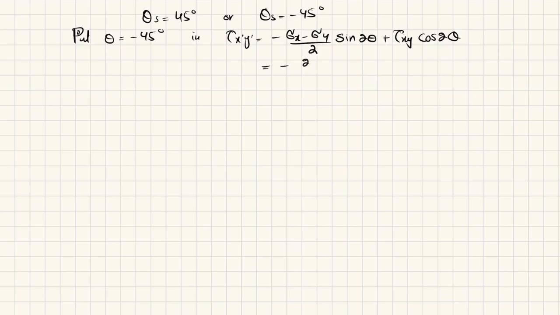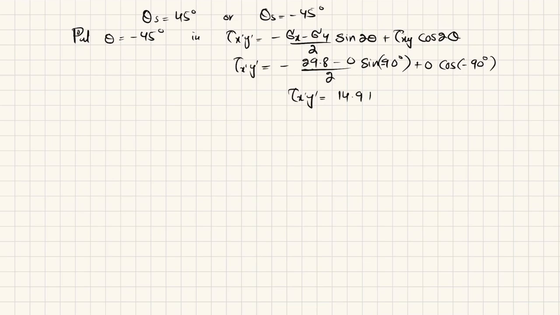So minus 29.8 minus 0 divided by 2 into sine of minus 90 degree, because theta is minus 45, plus 0 into cos of minus 90 degree. So when you calculate it, you will get tau of x dash y dash is equal to 14.9 ksi. So this is the positive value, which is the maximum in-plane shear that occurs at 45 degree shear stress.